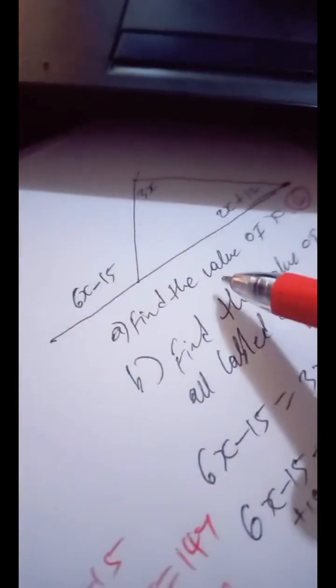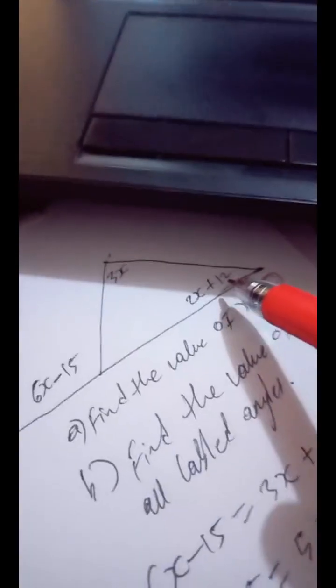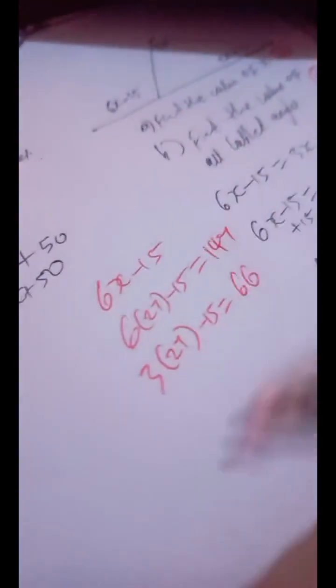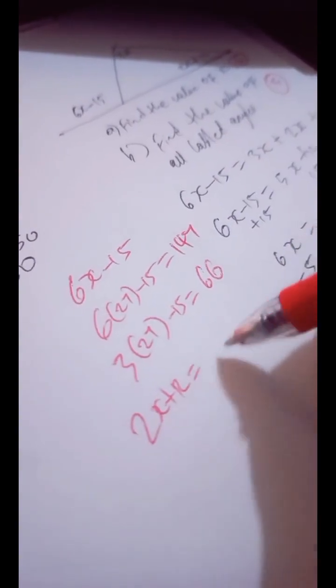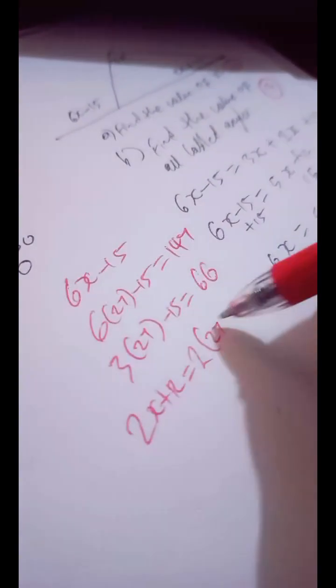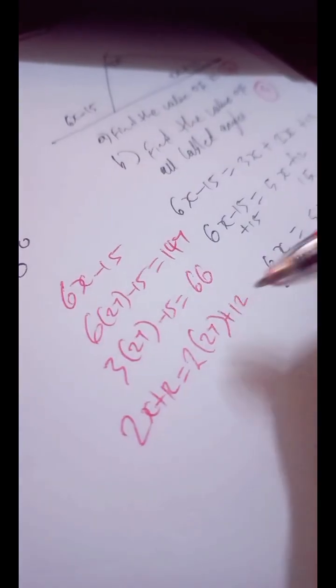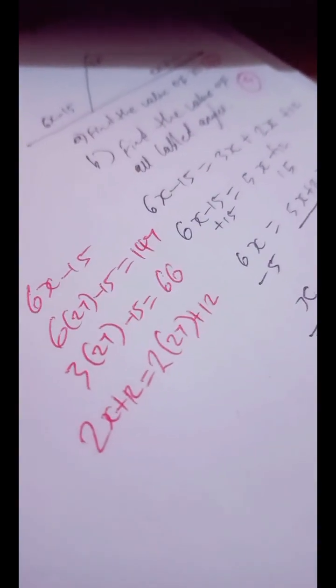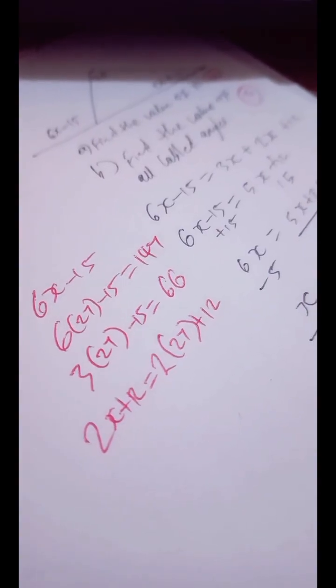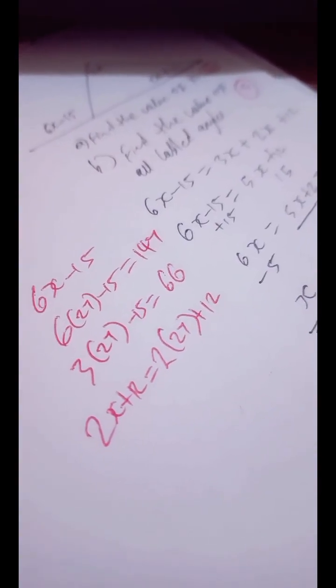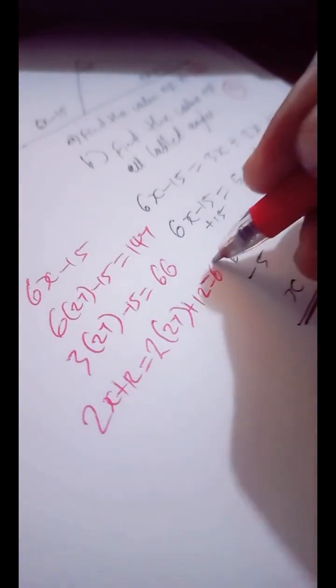From there, 2x plus what? 12. 2x plus 12. 2 brackets 27 plus 12, which is 27 by 2 plus 12, which gives us 66.